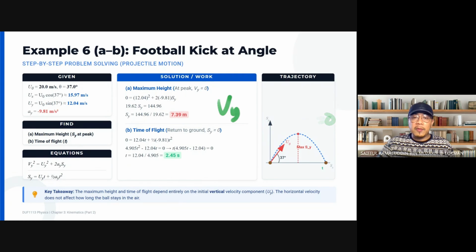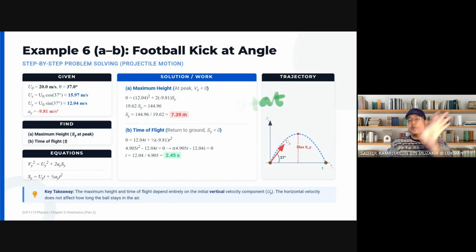So if VY equals 0, equals UY, which could be calculated from before, plus AY times T. This is gravitational acceleration. You could get T. See, you have two equations that could solve your problem for B, whether it is S equals UT plus half AT squared or V equals U plus AT. You could solve it, right?